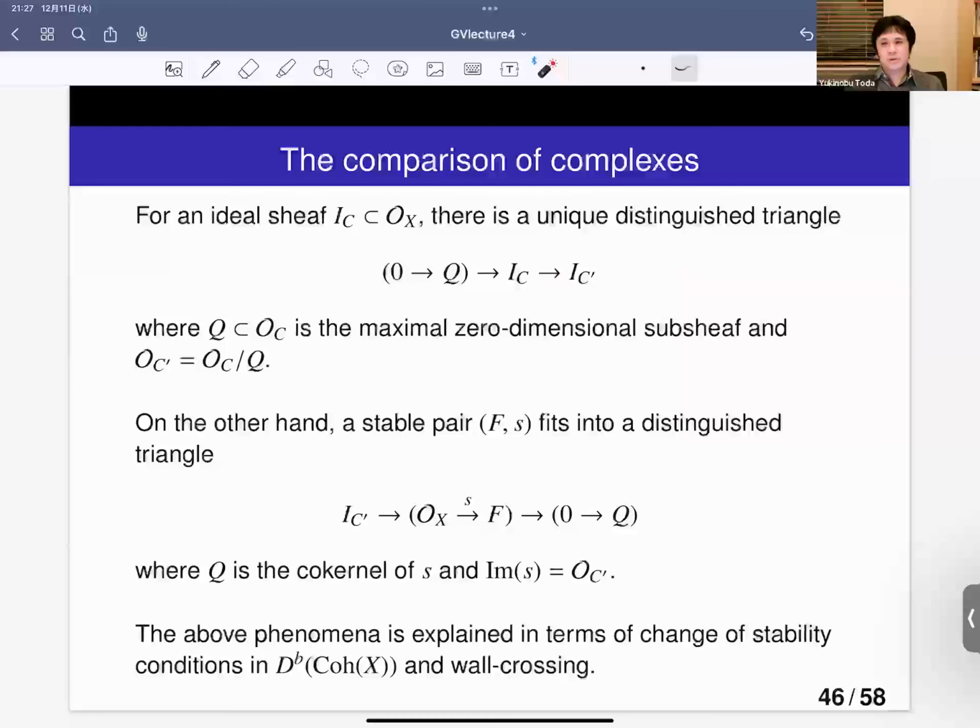We can compare the two-term complexes associated with rank 1 DT theory and PT theory. For the case of ideal sheaf, the structure sheaf may not be pure. But if it is not pure, there is some zero-dimensional subsheaf.